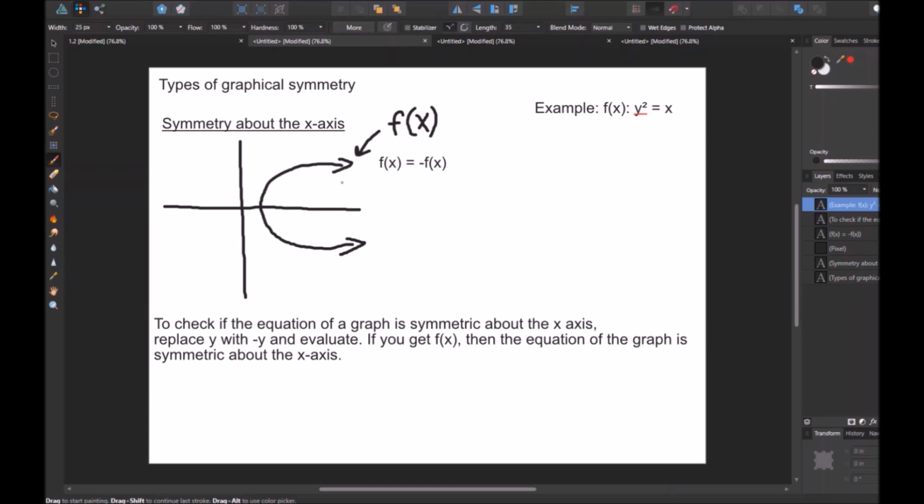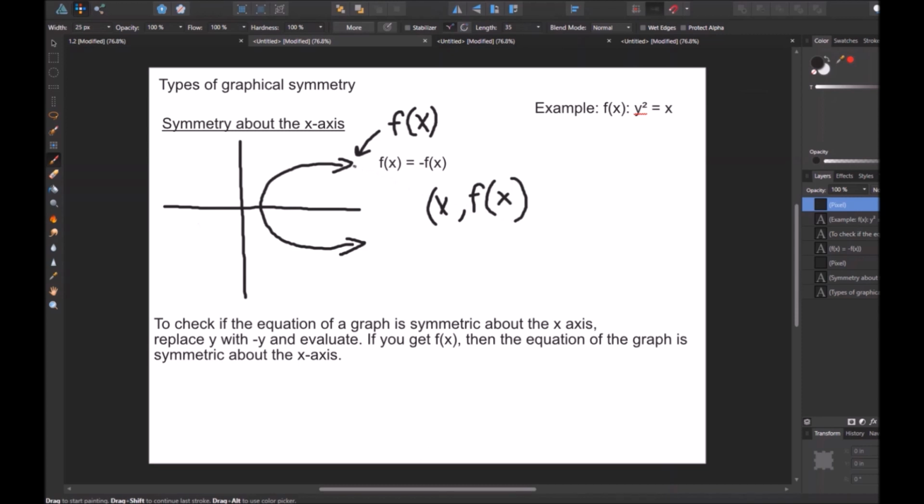When we talk about graphs, we stray away from y equals whatever and move towards f of x equals something. f of x just means it's a function, and if you have an equation, then what you plug in for x is the x value, and the y value ends up being f of x. So you have an ordered pair that looks like x, comma f of x when working with a function.